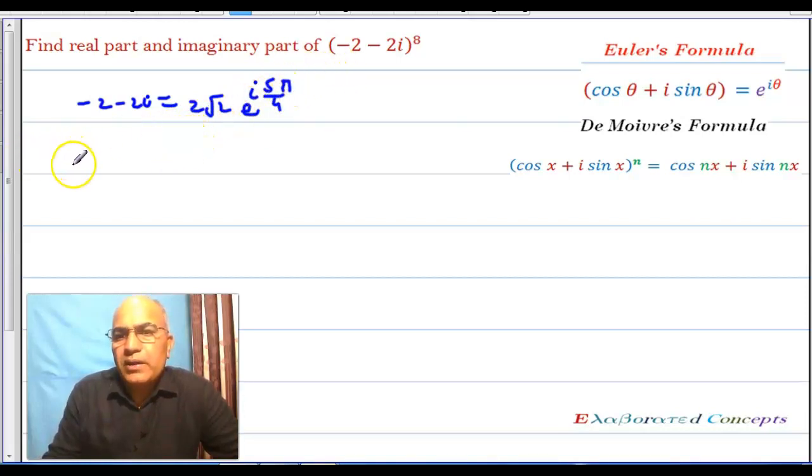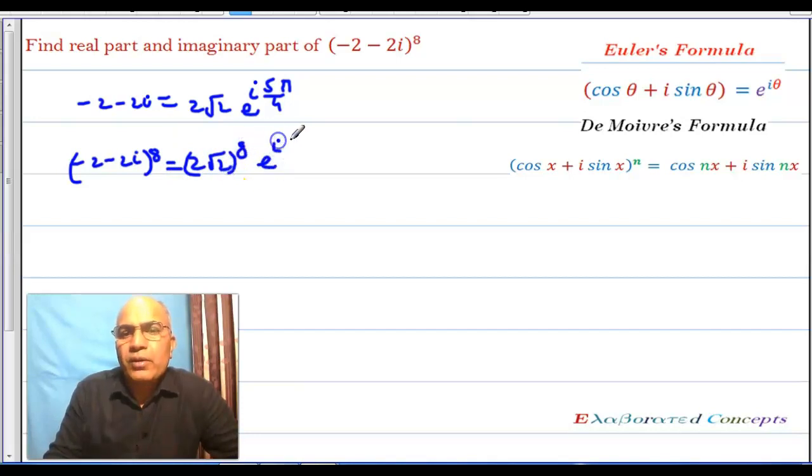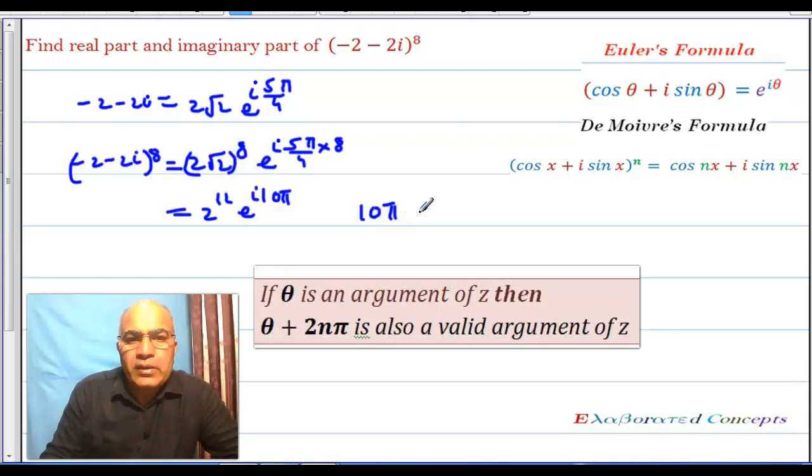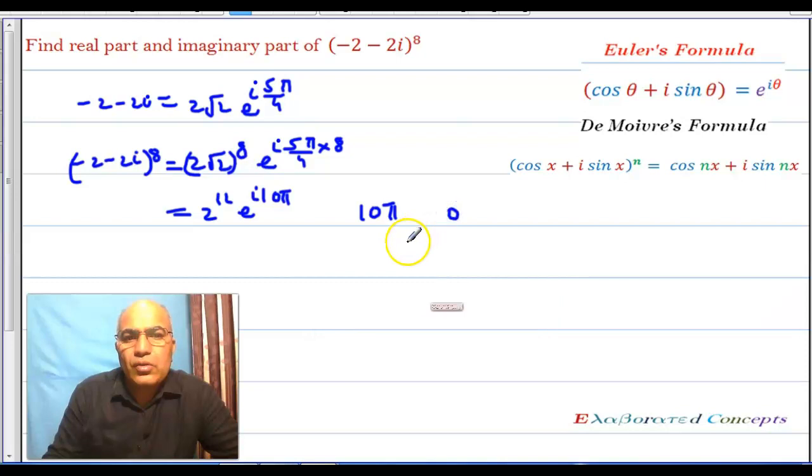Therefore, minus 2 iota whole to the power 8 is equal to 2 root 2 to the power 8. The argument of minus 2 iota to the power 8 is 10 pi, that is also equal to 0.